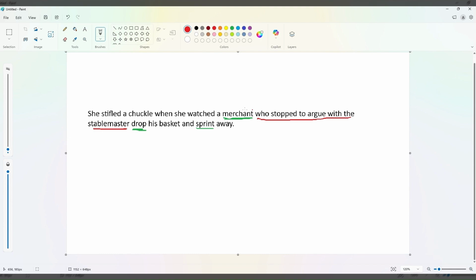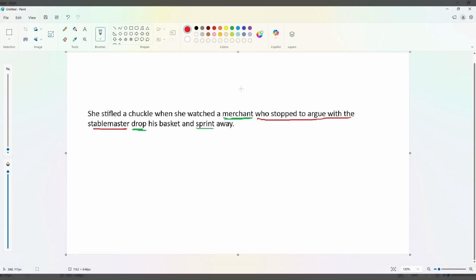This is already a chunky sentence, right? She stifled a chuckle when she watched a merchant. It's already getting chunky by the time we get here. And then we have this who stopped to argue with the stable master, drop his basket, and sprint away. So this sentence could really trip up our reader. As they're reading it, they'll have to read it a couple times to understand it.